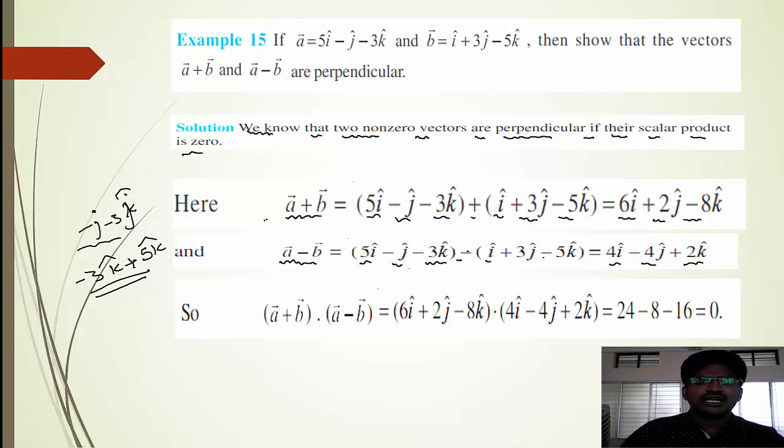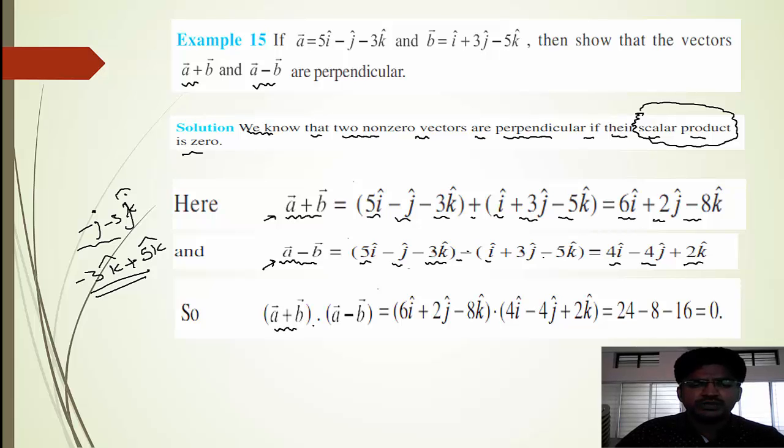So we have calculated A plus B and A minus B. Now using A plus B and A minus B, we have to check whether these two vectors are perpendicular or not. For that we have to calculate the scalar product. How to calculate the scalar product?